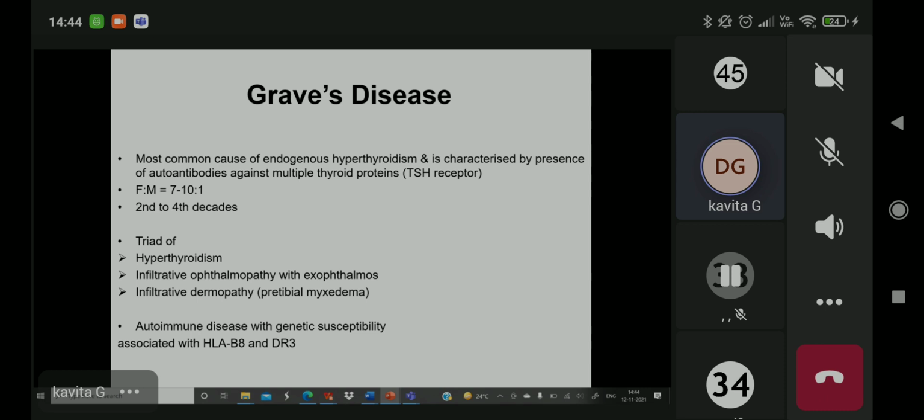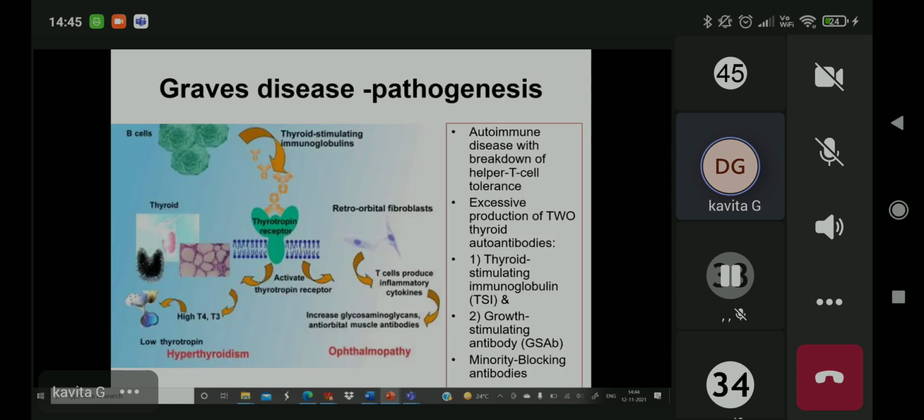So look at this triad. Look at your antibodies against the TSH receptor. Look at the fact that it is an autoimmune disease and there is breakdown of your T cell tolerance. We have TSI autoantibodies, that is thyroid stimulating immunoglobulin, and growth stimulating antibodies.